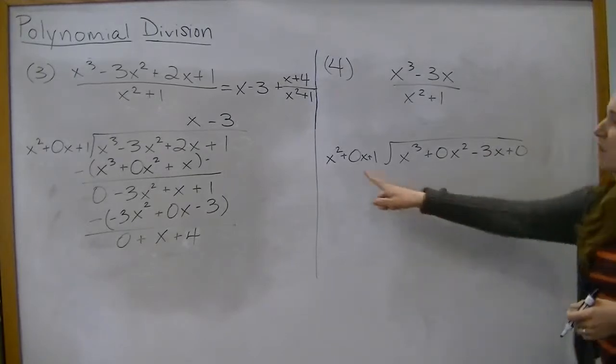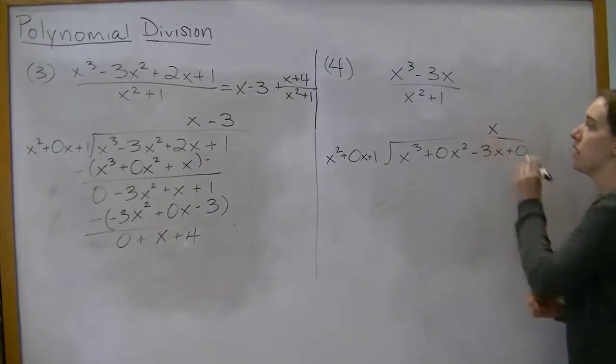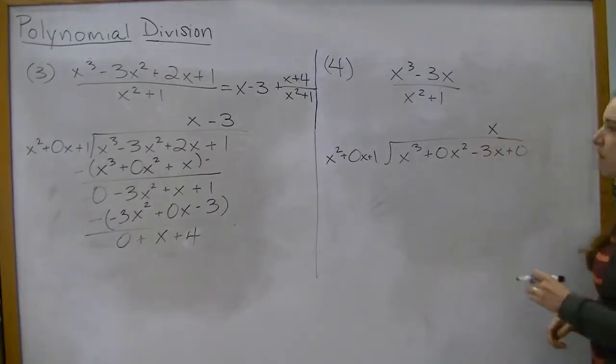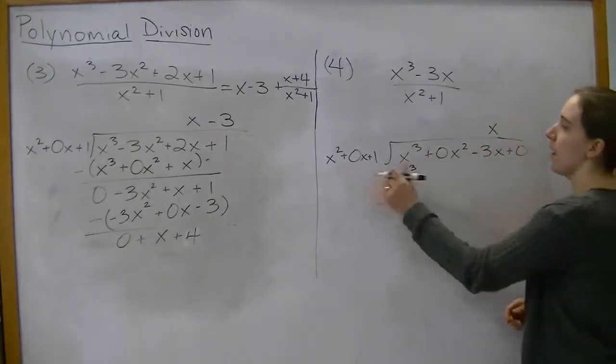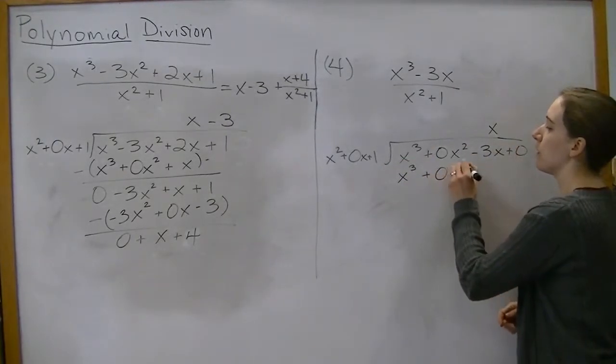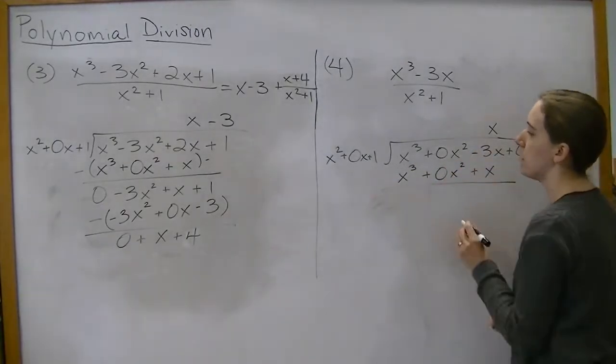Okay, so in order to get the x cubes to cancel, I need to multiply this by x. So that goes all the way over in my x's column. So x times x squared gives me x cubed, x times 0x gives me 0x squared, and x times 1 gives me x.